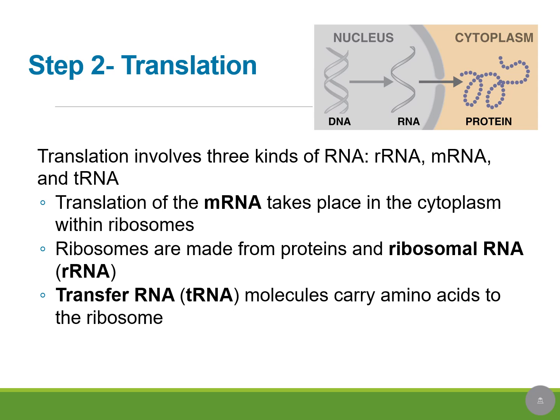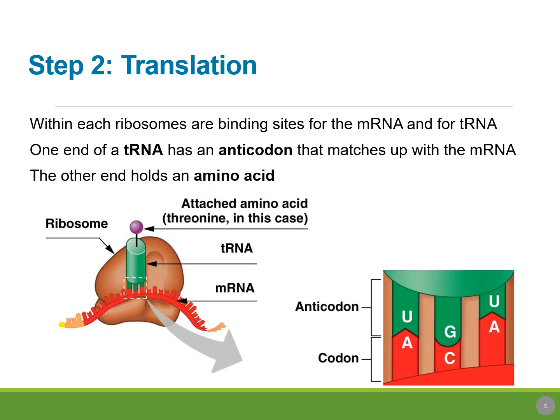So ribosomes are made from proteins, and they are also made from ribosomal RNA, which comes from the nucleolus. Transfer RNA are molecules that are carrying amino acids, and they carry those amino acids, which are your basic proteins, to the ribosome. So remember that your mRNA molecule is read 3 base pairs at a time into what we call a codon.